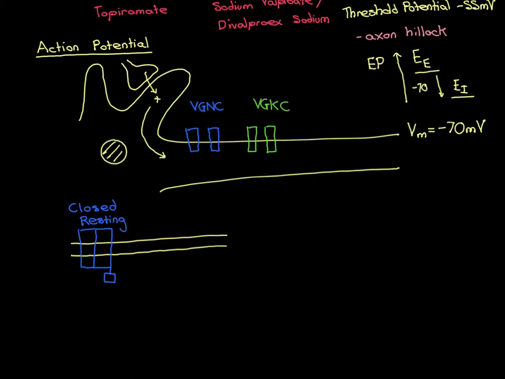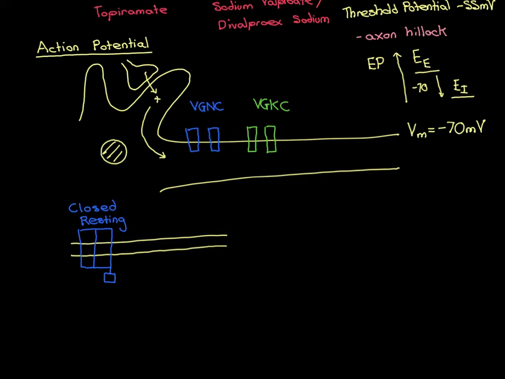Everyone will know what you mean if you say closed resting state, because there is another closed state, which is the closed inactivated state. So at negative 70 millivolts, these voltage-gated ion channels are stably in this closed resting state, and they will just stay like that forever if you maintain the voltage across the cell membrane at negative 70 millivolts. It's only if you raise it up to or beyond the threshold potential.